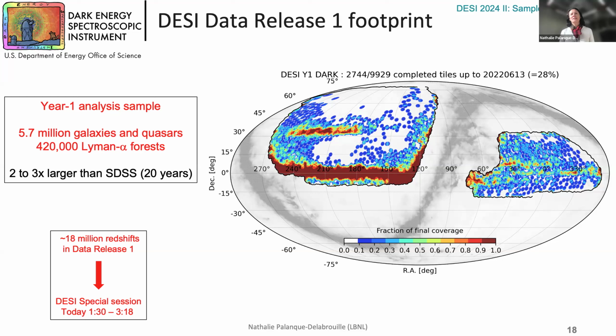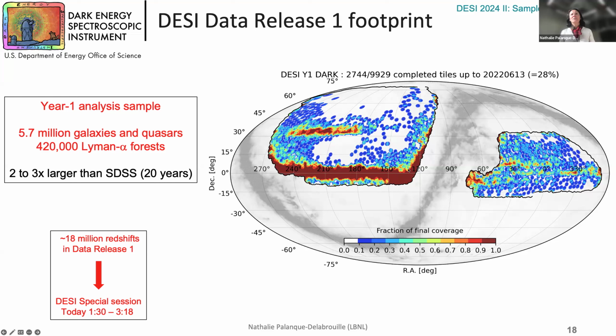What I want to emphasize here is that just with the first year of data, DESI has already collected 2 to 3 times more spectra that it used for the study of dark energy than all the prior spectroscopic studies to date, and in particular, more than 20 years of SDSS data.